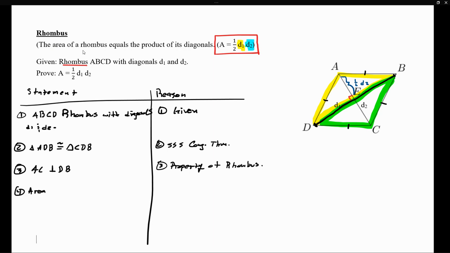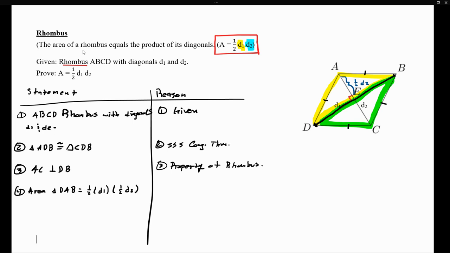So therefore, the area of the triangle DAB is going to be defined as 1 half times the base, where the base is D1, times the height, where the height is 1 half of D2.